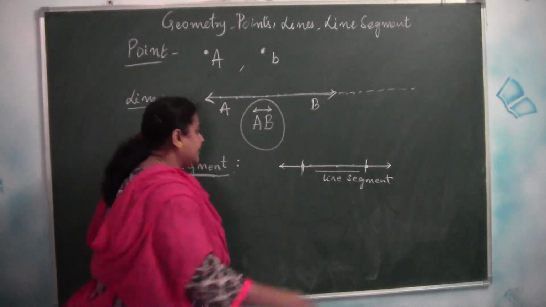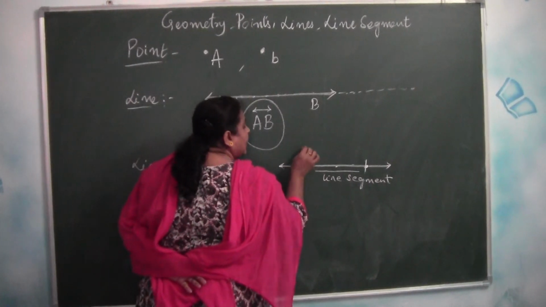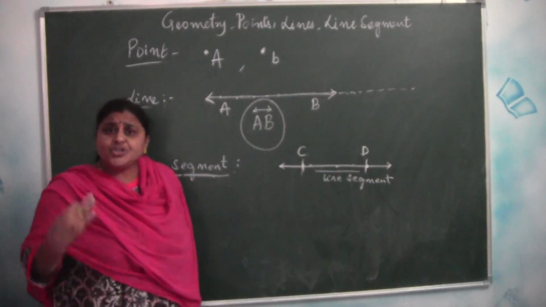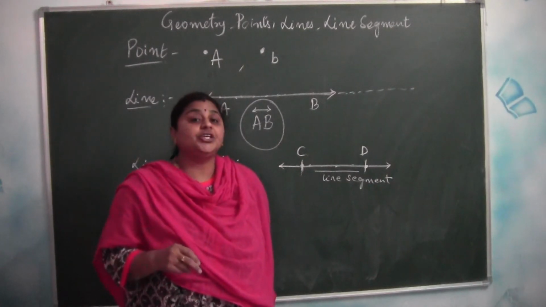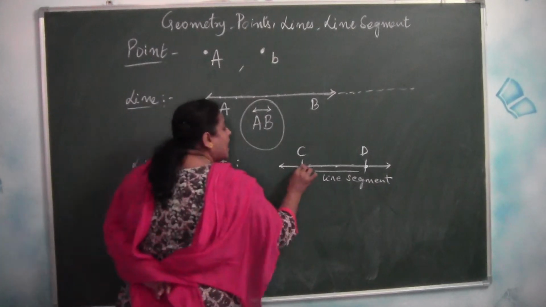Okay, then. So what I am doing? Again I am using the alphabets C, D. Any geometrical figure you have to name, you are going to use alphabets. Now I have marked 2 points.